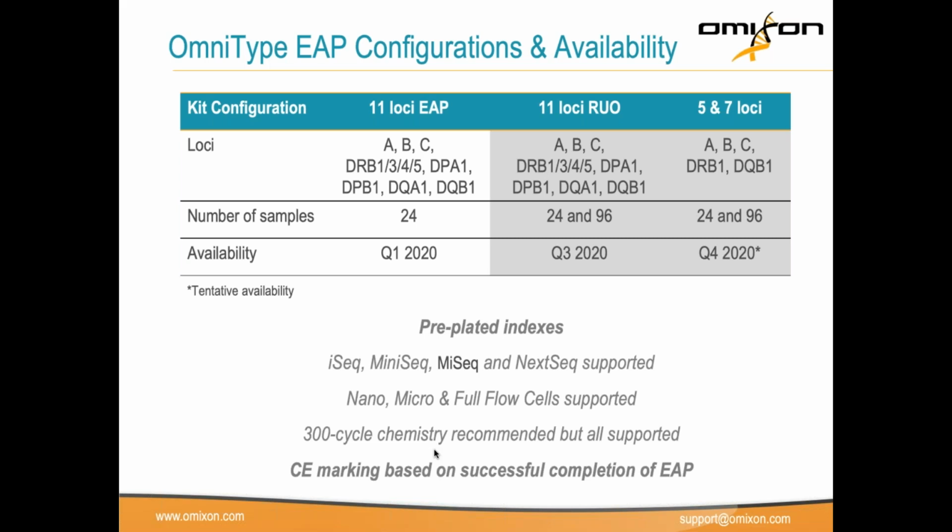It will be dependent on the successful completion of the EAP. So I cannot provide a timeline or a particular date right now for when we will have it, but it is estimated to be in Q1 2021.